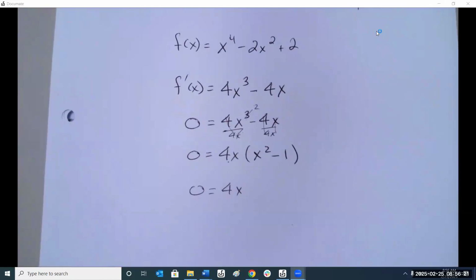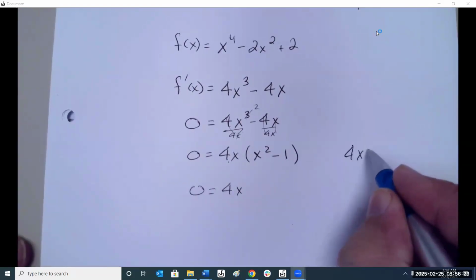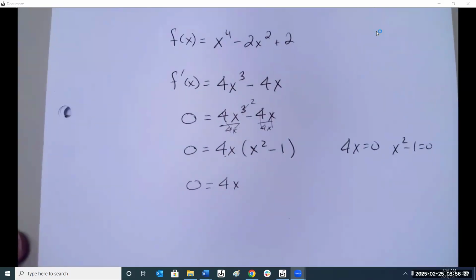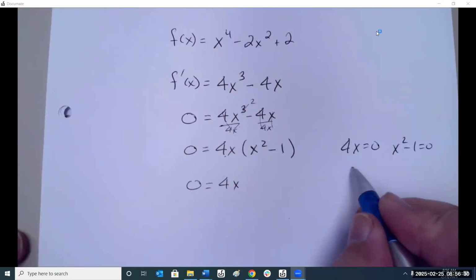Right here, what we would do is set both of these equations equal to 0 and solve for x.